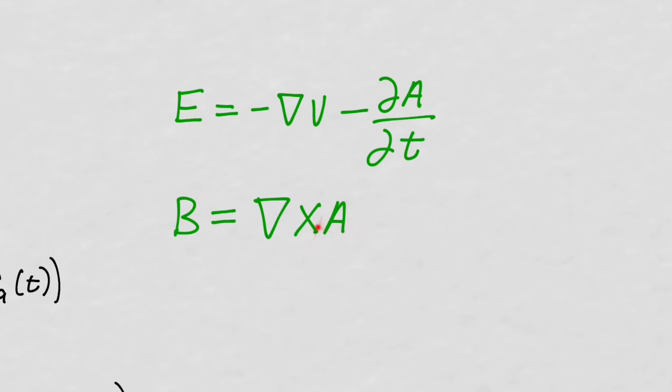But now we see that A has a problem. It is ambiguous. There are many different A's which satisfy this relationship. But B is a physical thing, so B has to be unique. So on this side we have something that's unique, but it's defined through this potential formulation by something that's ambiguous.